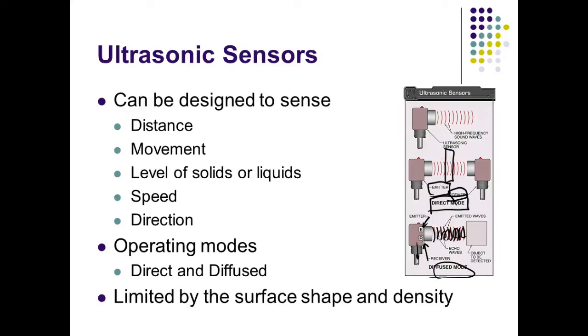We use these to sense distance. It's very, very popular now. My wife's van has two side mirrors, a camera on the back, and all these little ultrasonic sensors back here. If you start backing up and you're going to run into something, you start getting an alarm. Over here, if a car starts passing me and gets in my blind spot, a light comes on indicating that something's on the side.